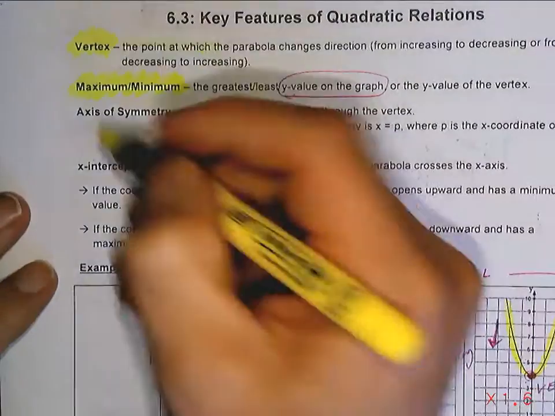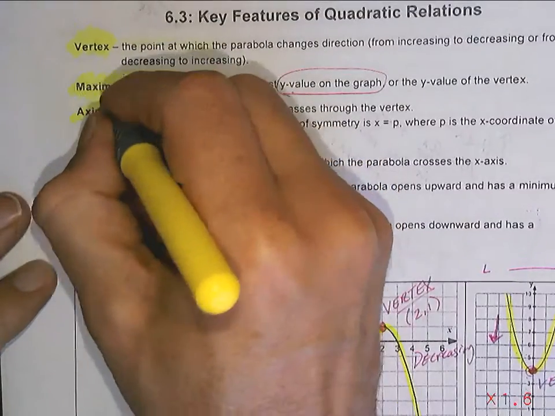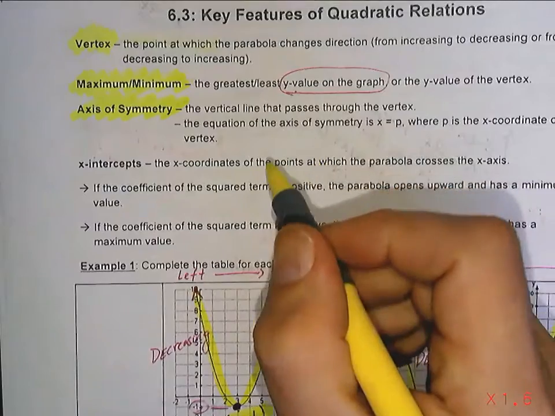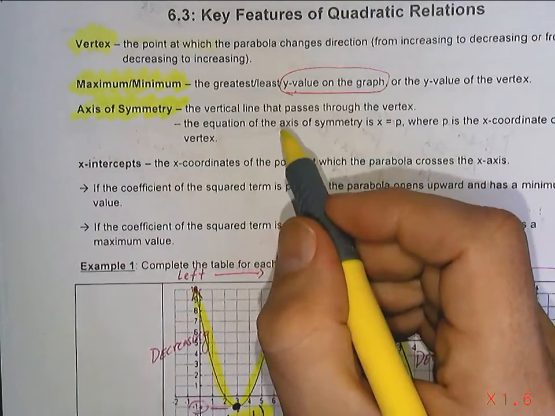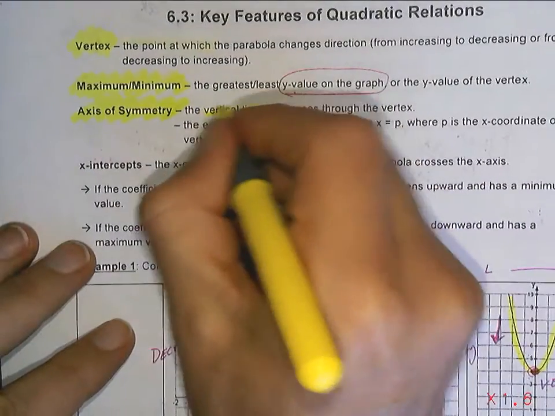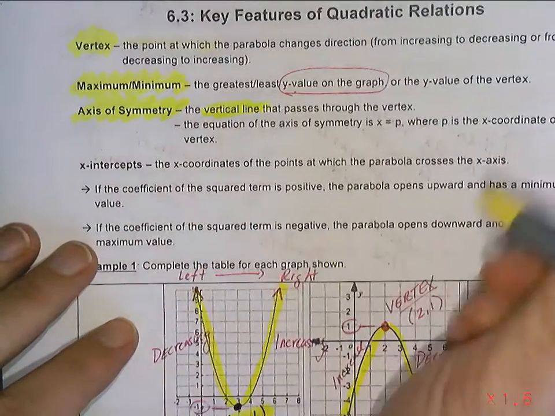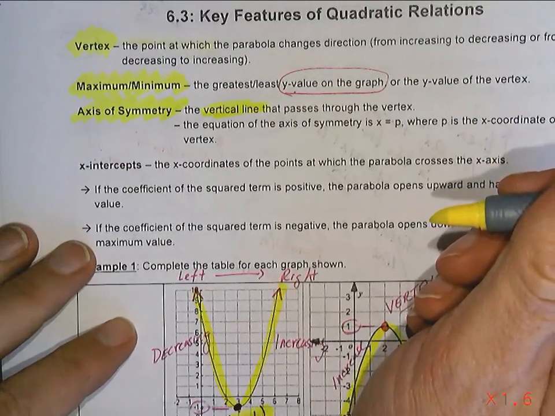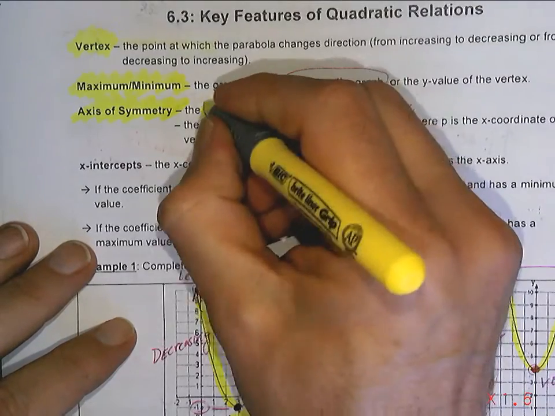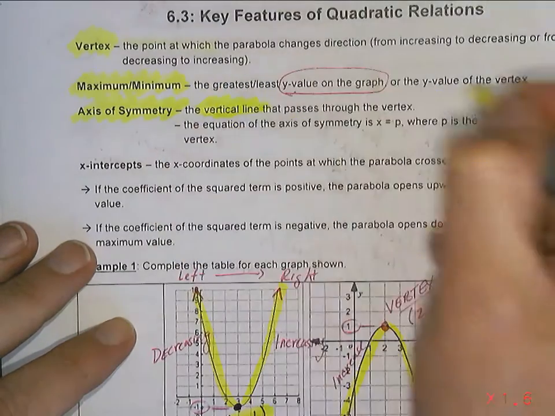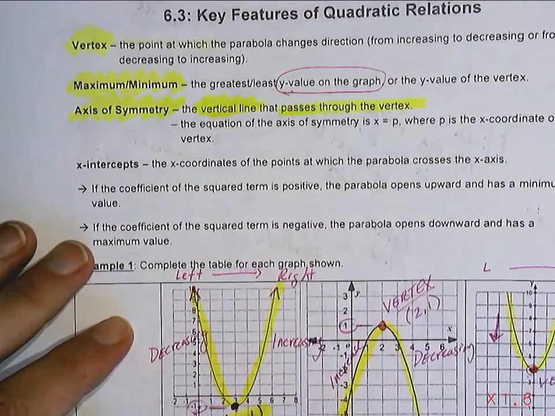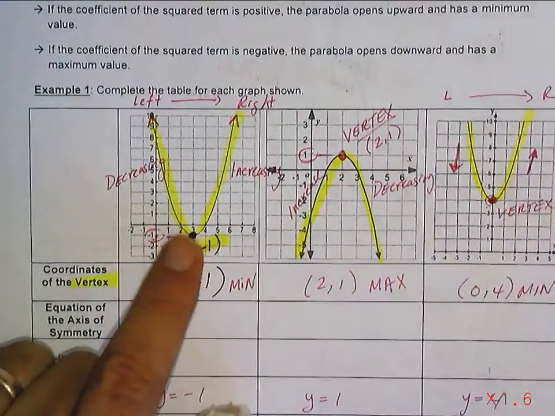There's something called an axis of symmetry. Now the axis of symmetry is the line. It's a vertical line. So if it's a vertical line, it has the equation x equals, right? So it's a vertical line that passes through the vertex. So let's look at this one.